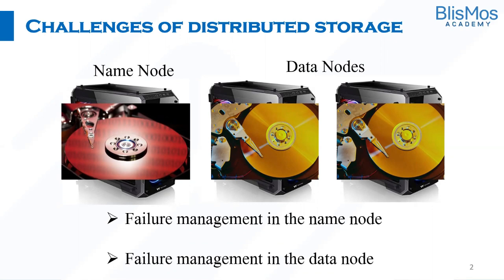Before we get into that, when we talk about distributed storage and distributed processing, we have been discussing that distributed storage happens as part of commodity hardware. The data can be distributed across systems connected by a network.